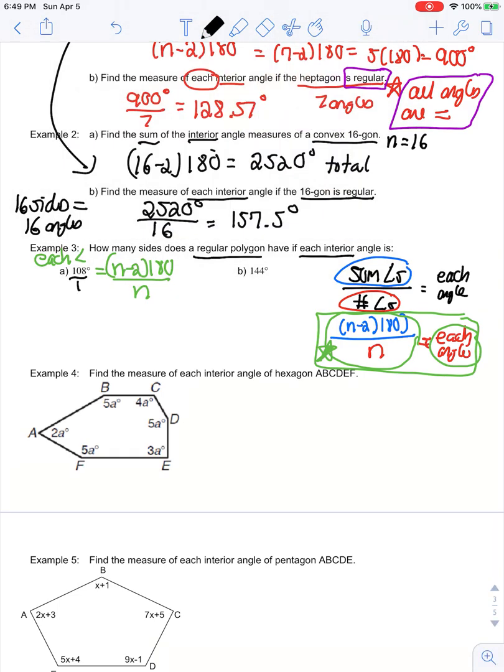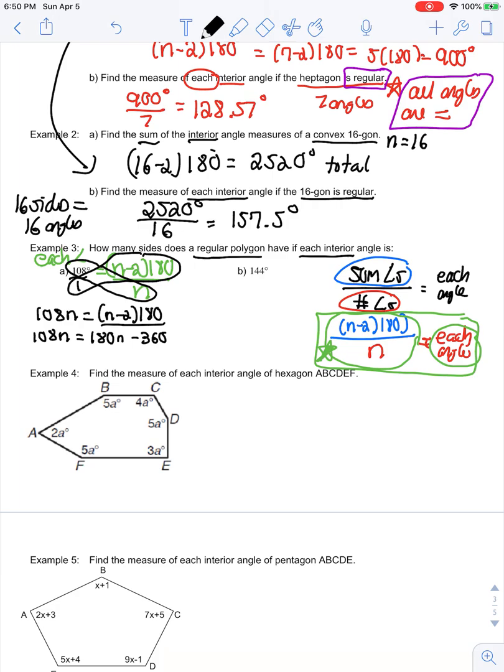Now, when solving this, my recommendation would be that we write a proportion and we cross multiply. So I'll multiply 108 times n equals n minus 2 times 180. Then I'm going to distribute on this side. So 108n equals 180n minus 360.